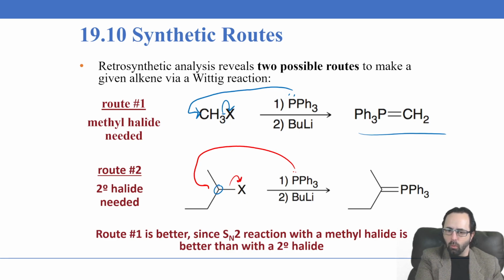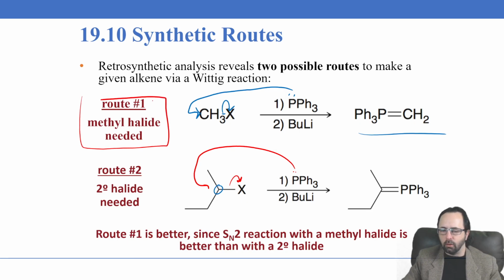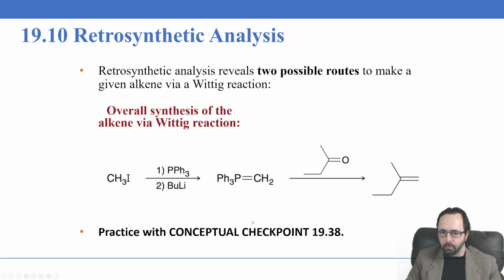And so route 1 would be better, since the SN2 reaction needed to create the Wittig reagent here would be much faster than using the secondary alkyl halide here to create the alternative Wittig reagent.